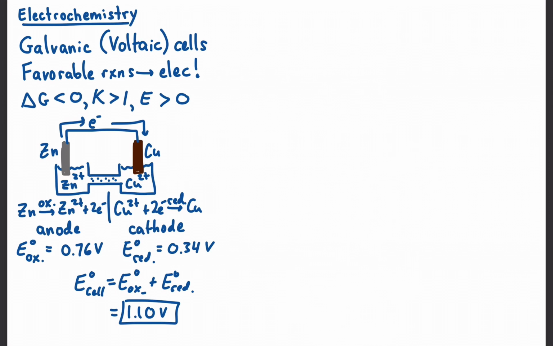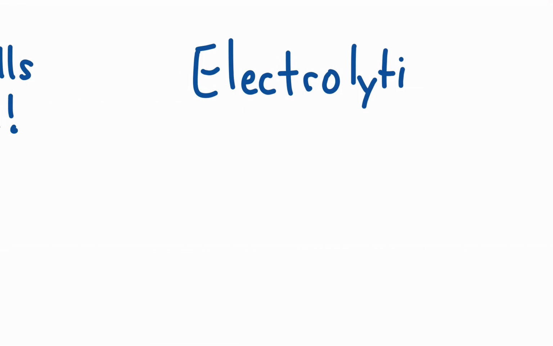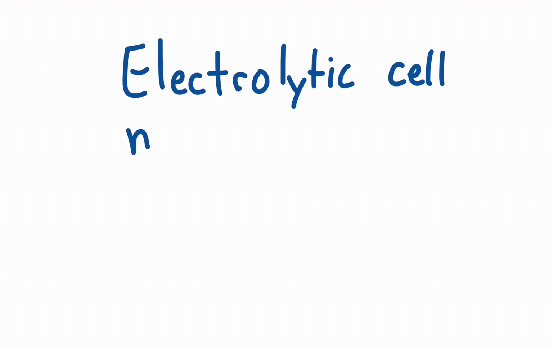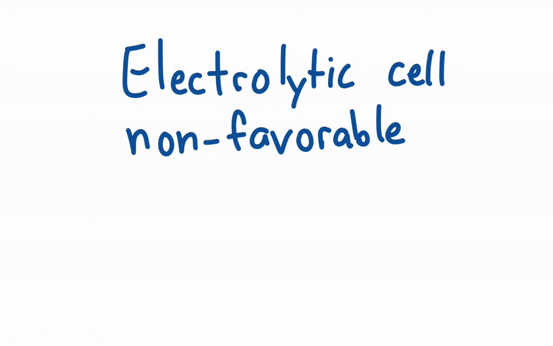The other type of cell is called an electrolytic cell. These have non-favorable reactions, meaning non-thermodynamically favorable, and we get them to occur by putting electricity into them.